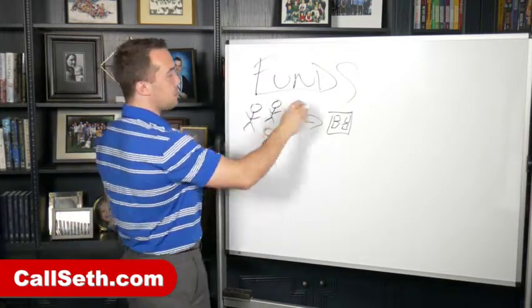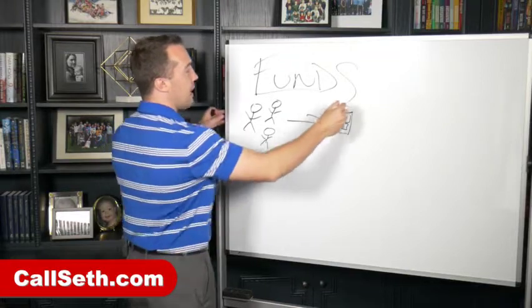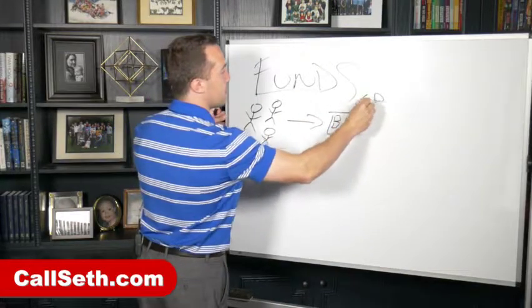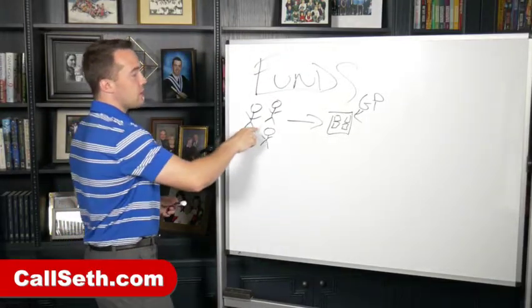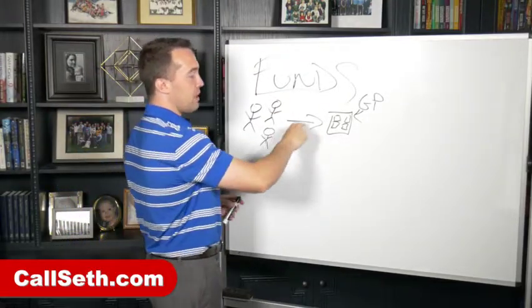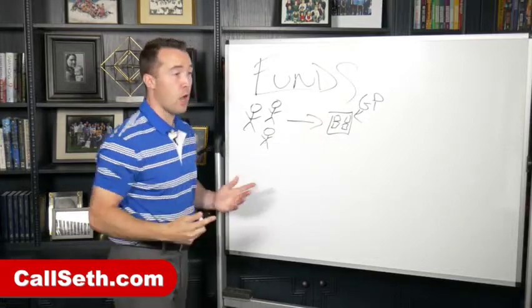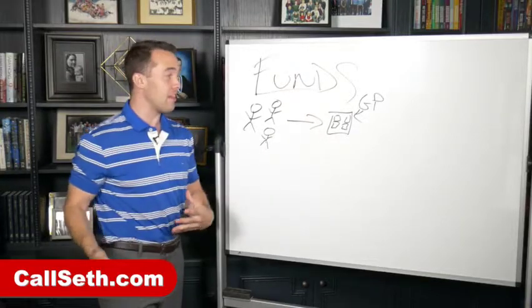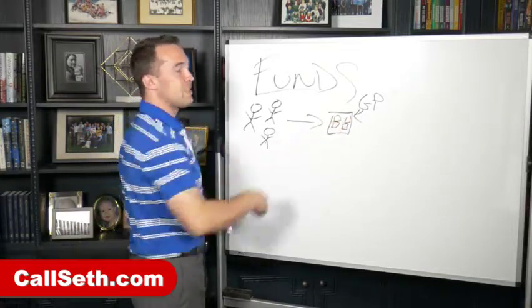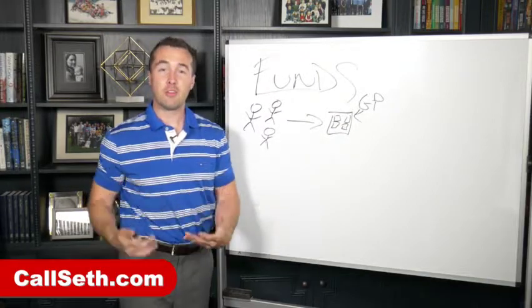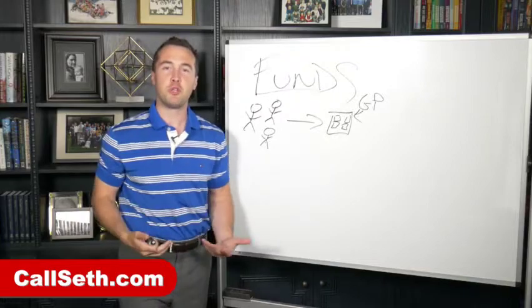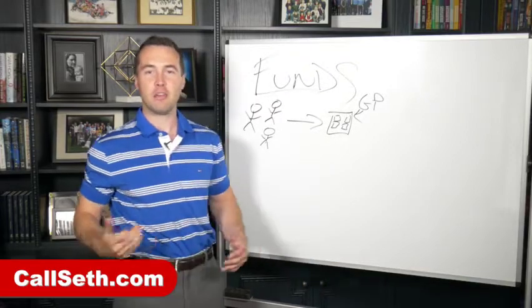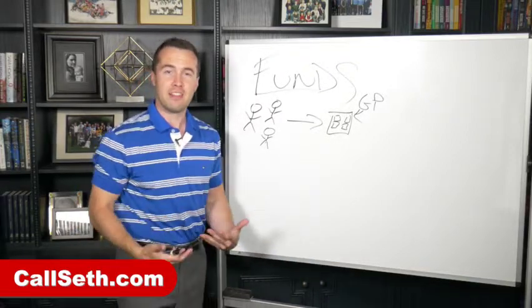They invest straight into the property, and that property is run by the general partnership. These investors have the choice on whether or not they want to invest in that specific property, because like we learned in the last video, once the general partner has the property under contract, the GP will approach the investors with the investment opportunity, and at that point they can say yay or nay about whether or not they would like to invest.